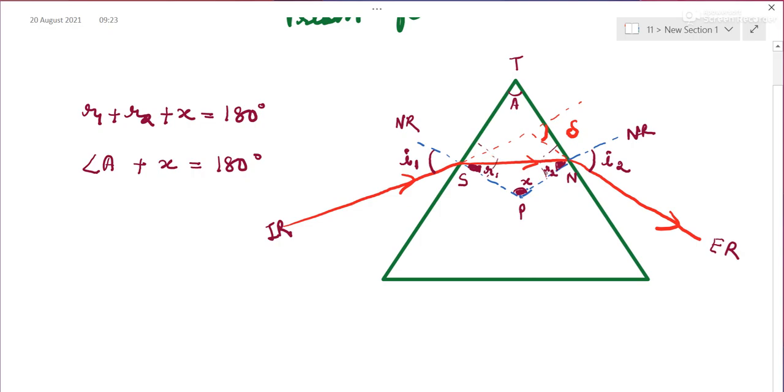So the sum is 180. So the rest of the two angles' sum will be 180. The total sum has to be 360. Okay, I have dotted here. This is the normal, no? So this is 90. This is 90. 90 plus 90 is 180. So the rest two angles of the quadrilateral will have the sum 180. So put them equal. Both are equal to 180.